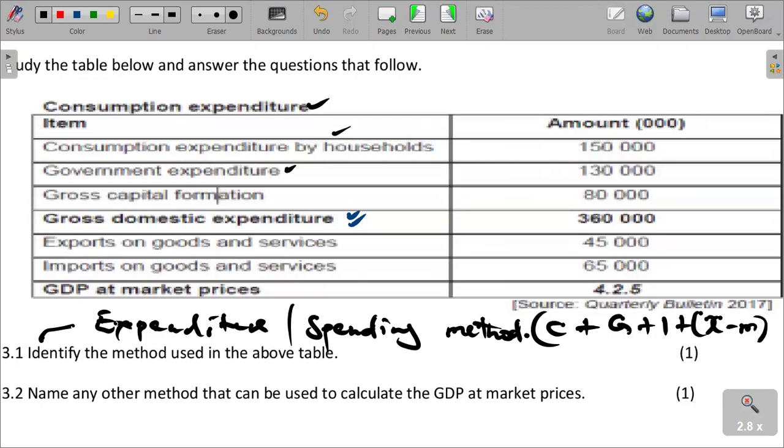This identifies that it is an expenditure method that is given in this case, as you can see here.